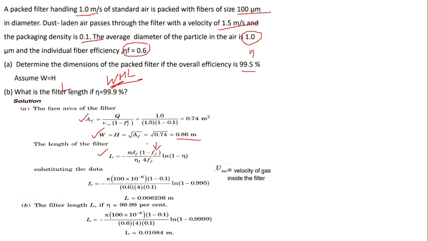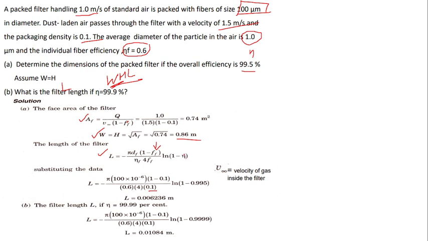The value of rho f is 0.1, and the fiber diameter df is 100 micron. Then the individual fiber efficiency eta f is given as 0.6, and again 0.1 is substituted here, into ln of 1 minus efficiency.